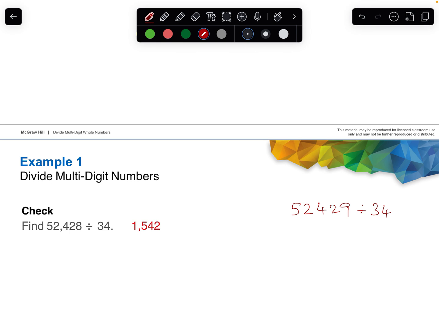If I were to divide 52,429 by 34, what I would have is a quotient of 1,542, and I have a remainder of 1.